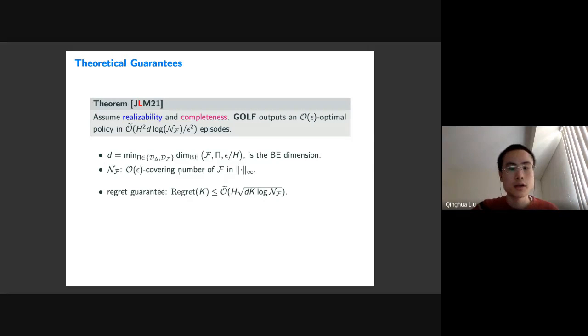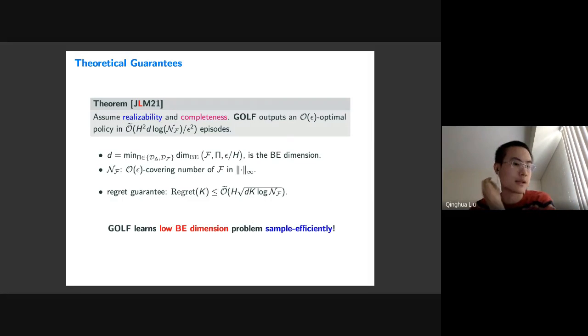Moreover, we also have a regret guarantee. This regret scales as the square root of the number of iterations K, the B dimension D, and the log covering number of this function class F. The most important thing here is GORF can learn any low B dimension problems sample efficiently under these two assumptions.